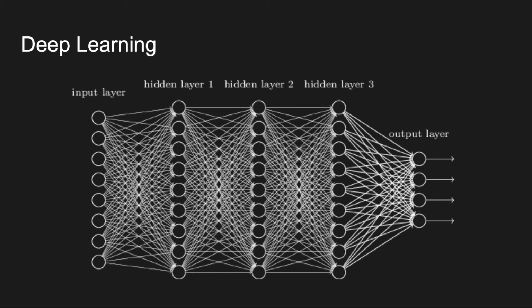Now, because of all of these synaptic connections that you have, training a deep learning neural network can require a significant amount of compute power. It's not an easy job to train this network. The algorithms that you use for deep learning training are very similar to the algorithms you use for normal neural networks. They're actually the same algorithms. So you can use supervised or unsupervised in exactly the same way.